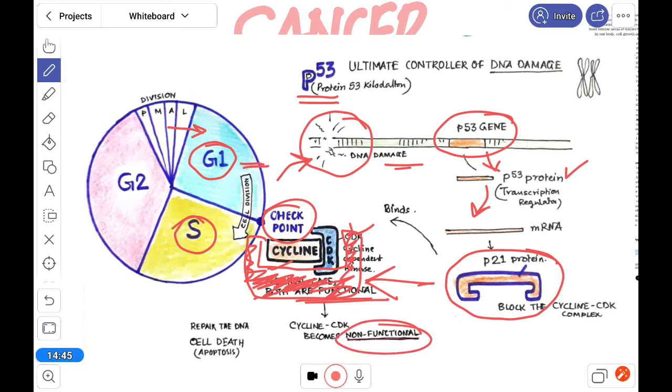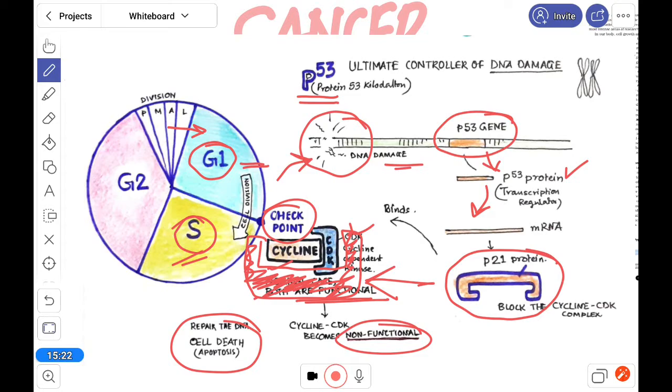So that the damaged copy is not copied in the synthesis phase. Here it is possible that the DNA will get time to repair the damage, or if that is not possible, then it goes for cell death, apoptosis. If one cell dies among so many cells that divide, nothing will happen, and the body will be saved from any kind of genetic problem.